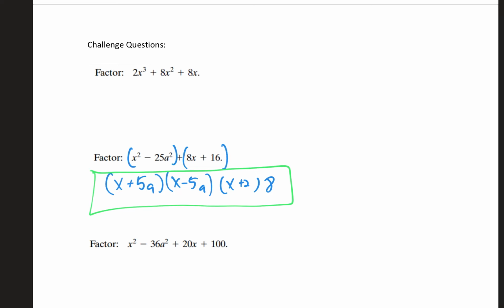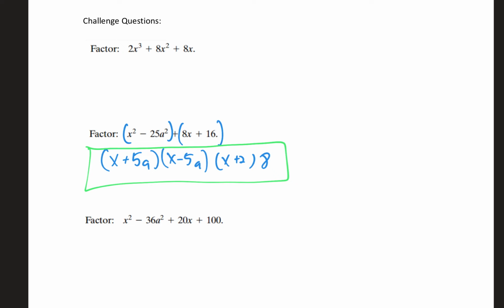Now let's take a look down here. Okay, so again, if I factor this by grouping, I definitely have a difference of squares here, and it looks like I can factor out the greatest common factor there. So if I use difference of squares, I will have x plus 6a and x minus 6a.